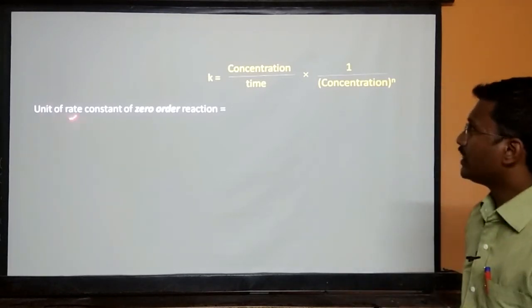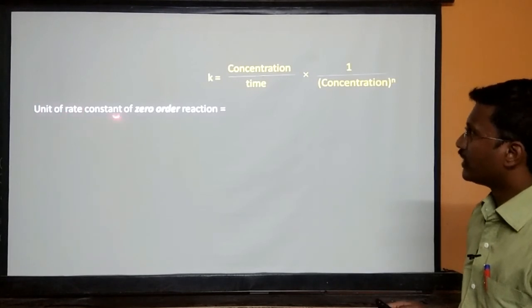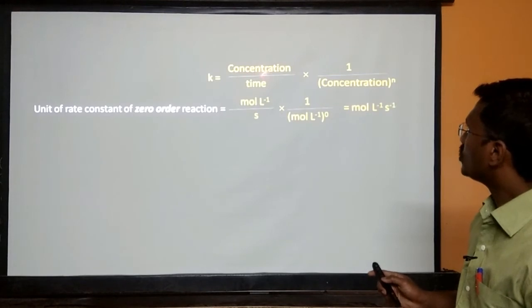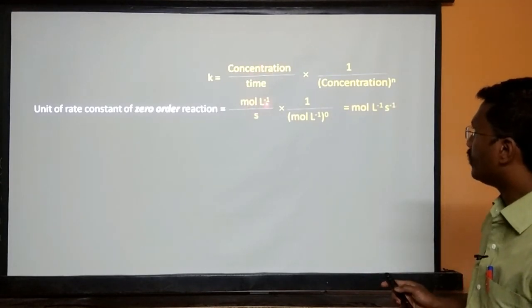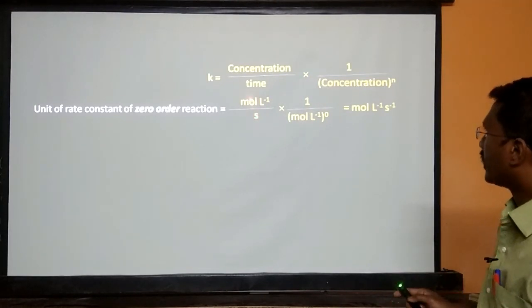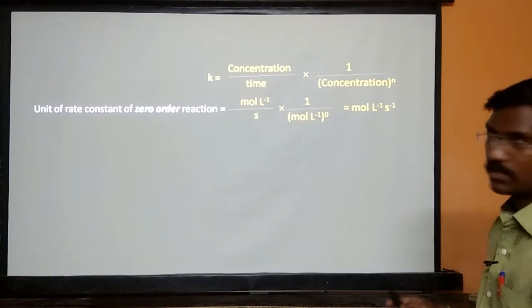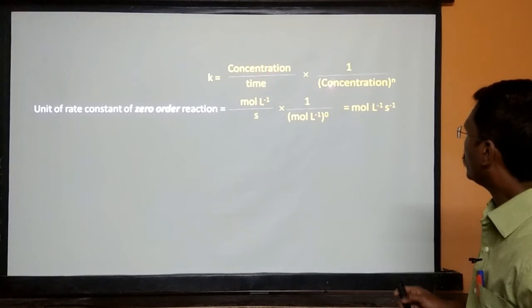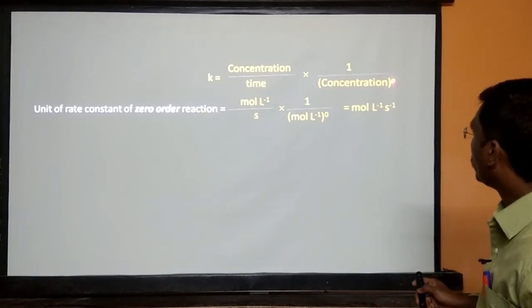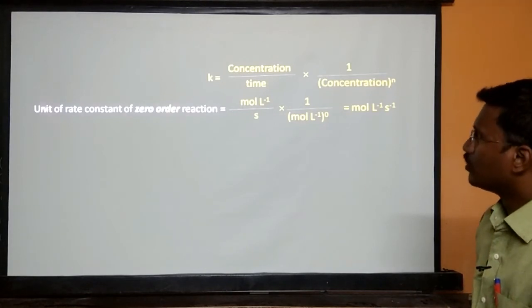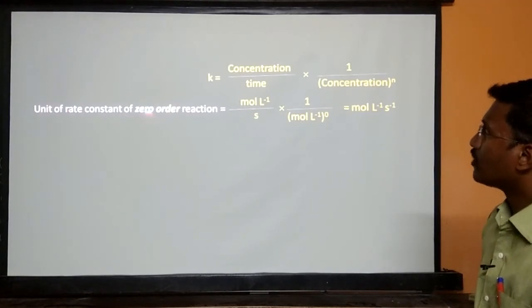Similarly, the SI unit of rate constant of a zero order reaction: the concentration SI unit is mole per liter and time has the SI unit second, into 1 divided by the concentration of reactant. Again, the concentration is the same for both reactants, therefore mole per liter. Can you see the concentration is raised to the power N; here I have written N as 0, because we are discussing the SI unit for a zero order reaction.